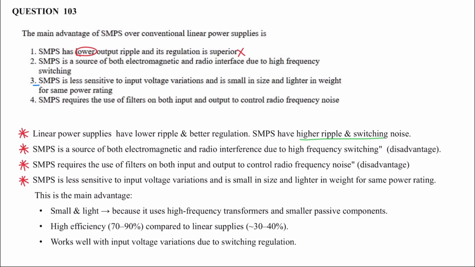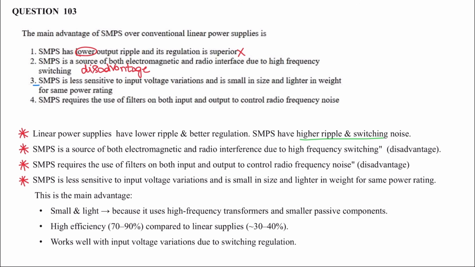Option 2. SMPS is a source of both electromagnetic and radio interference due to high frequency switching. So option 2 is not an advantage, it is a disadvantage.